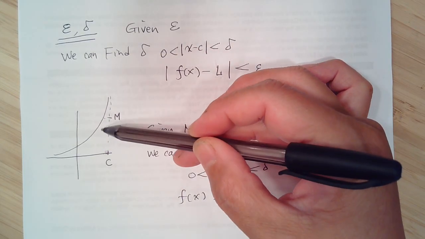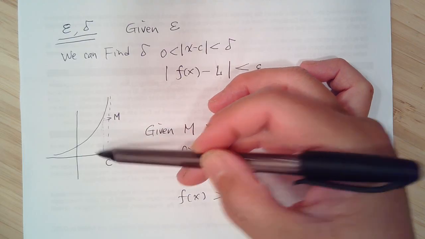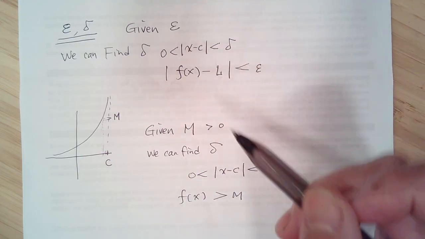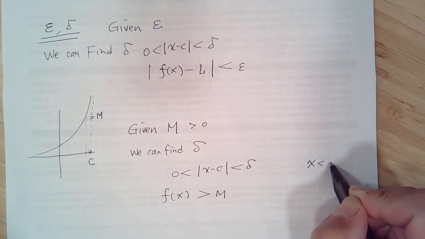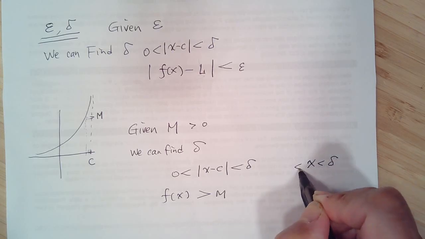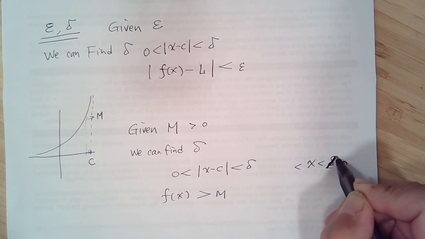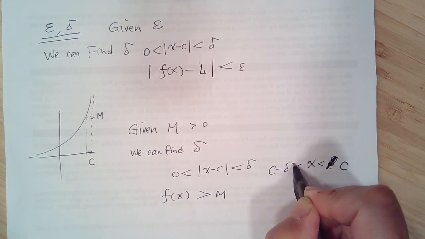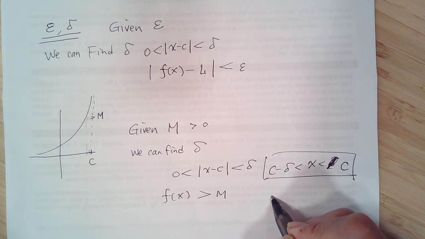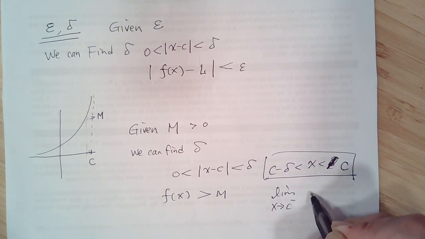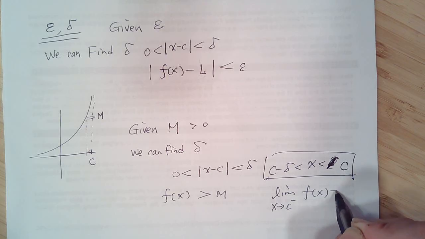Okay, that's the definition. If we can find x between c minus delta and c, so that's the left, right? So we call this the limit as x approaches c from the left side of f of x equals positive infinity.